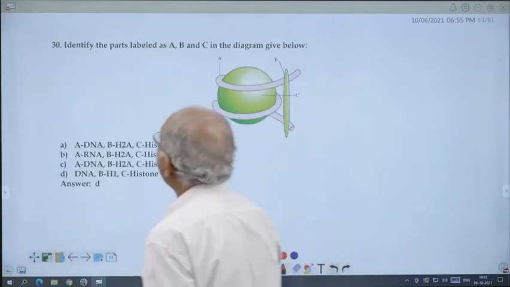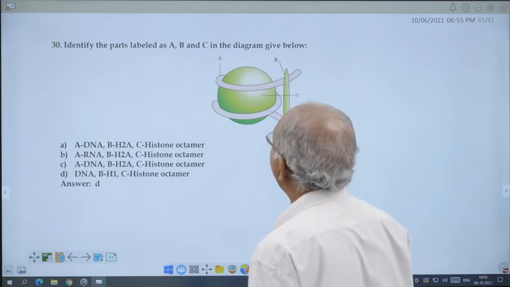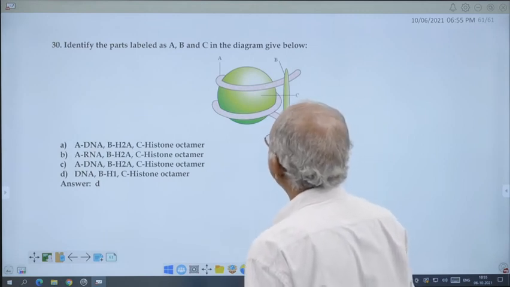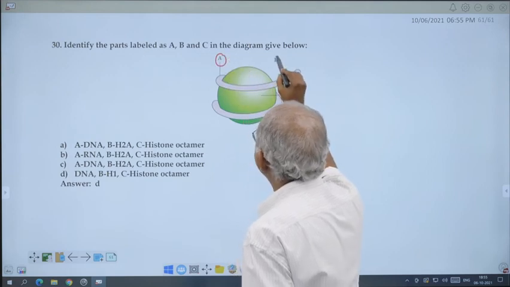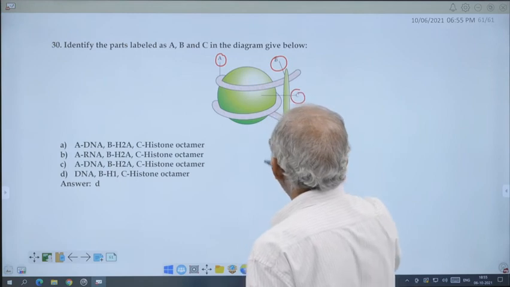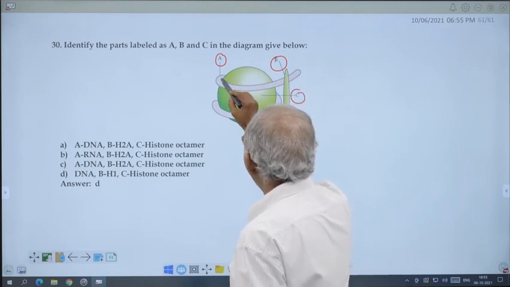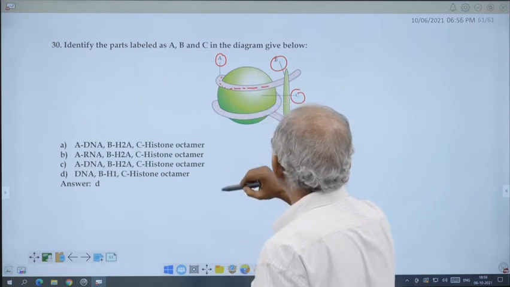Question number 30. It is packaging of genetic material, a diagram-based question. What is A? What is B? What is C? A is DNA, which wraps around the histone octamer.